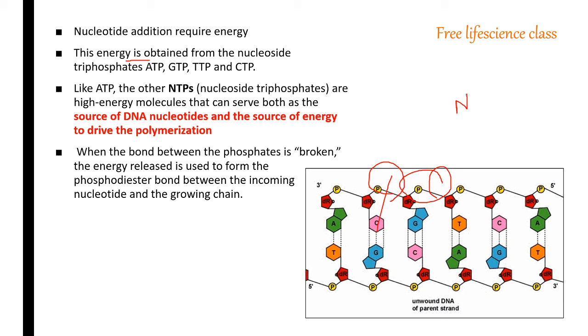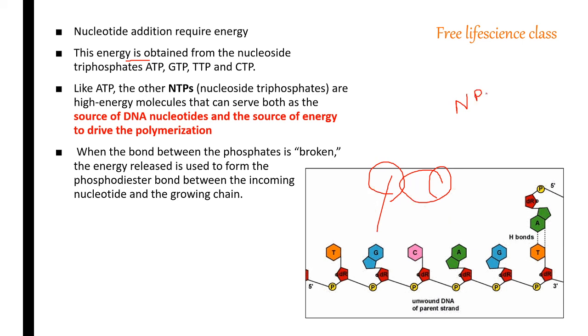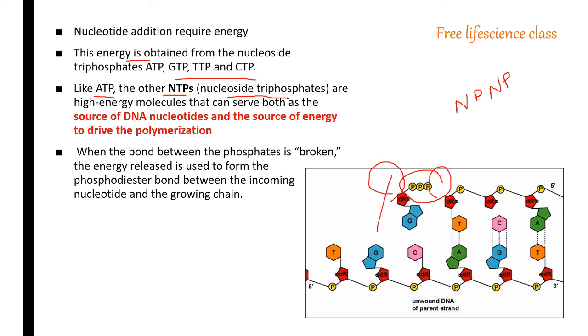So this is 1 nucleotide, only 1 phosphate group, another nucleotide base, then again 1 phosphate group. 2 phosphate groups are cleaved in the form of inorganic phosphate, and this will give energy for this reaction. Like ATP and other NTPs like GTP, TTP, CTP, that is nucleoside triphosphates, are high energy molecules.